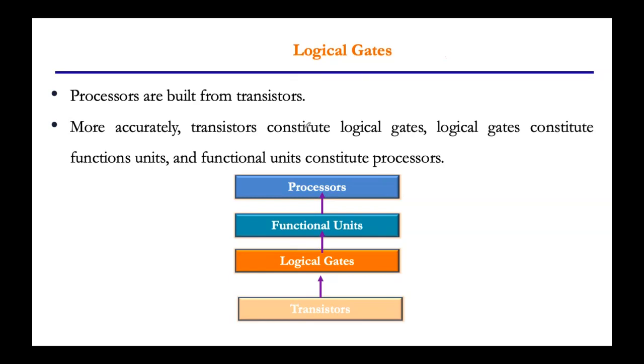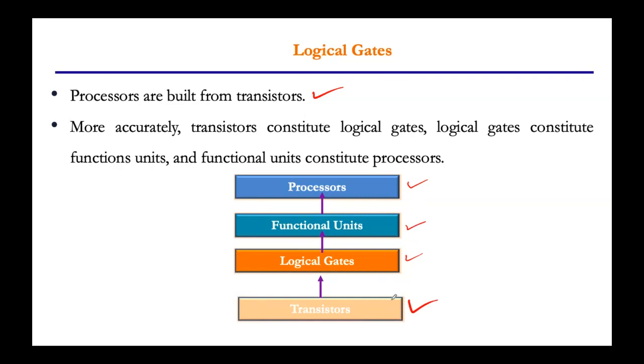Right. So as I said, the processors are built from transistors. So how are they built? More accurately, transistors constitute logic gates. The combination of transistors gives the logic gates, and the logic gates constitute the functional units. From functional units, it constitutes the processors.